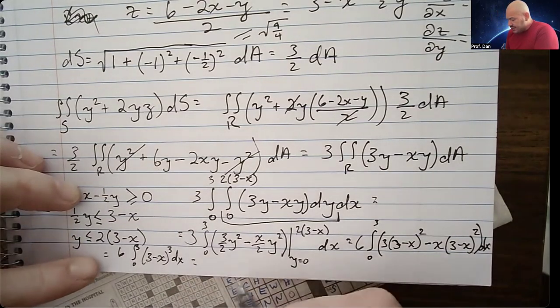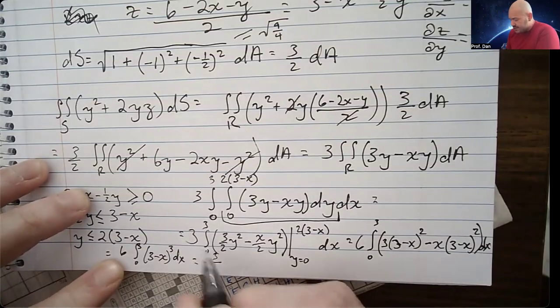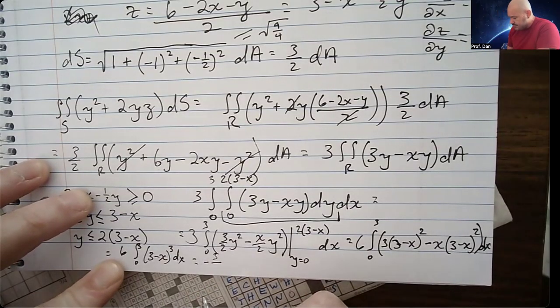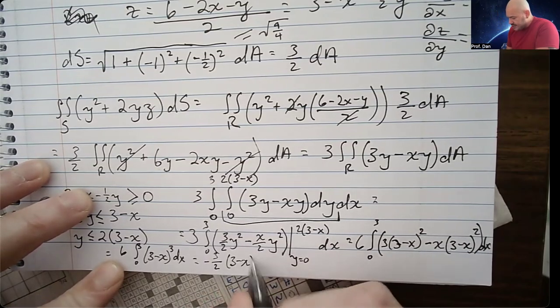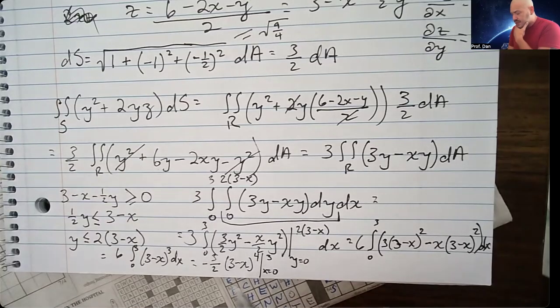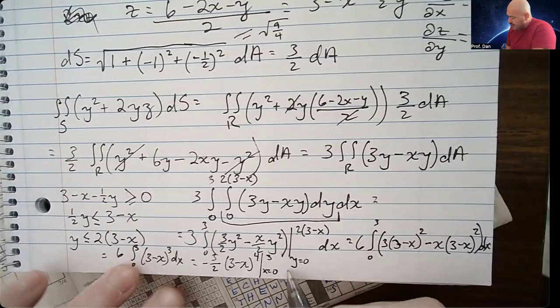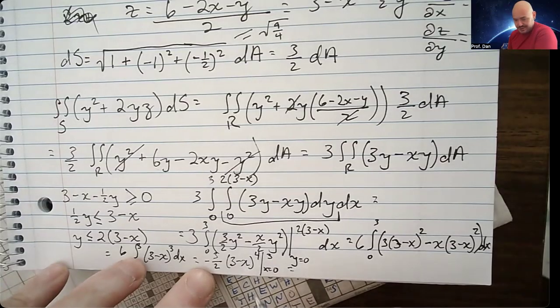So doing that, I would end up getting negative 6 over 4. That's going to reduce to 3 over 2 times 3 minus x raised to the power 4, evaluated from x equals 0 to x equals 3. So if I plug 3 in, I know I'm going to end up getting 0, because 3 minus 3 is 0.